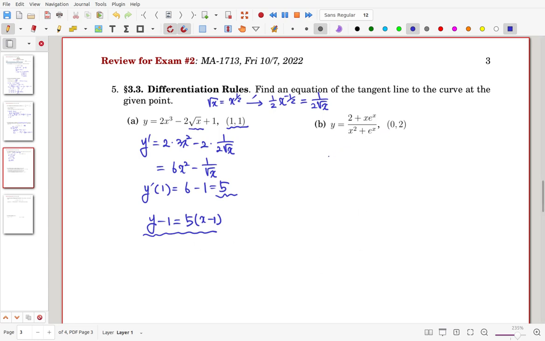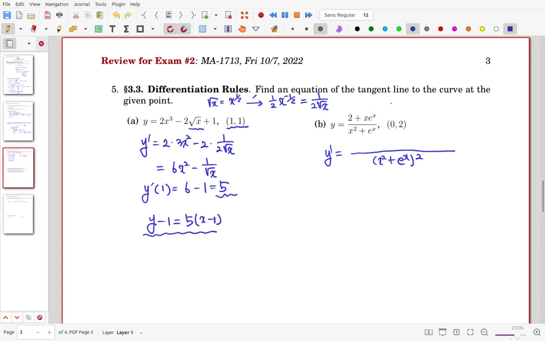Okay, here we have to get the derivative y prime. By using the quotient rule, we can get it. So here the bottom squared, so it's x squared plus e to the x, squared, and now the top derivative.